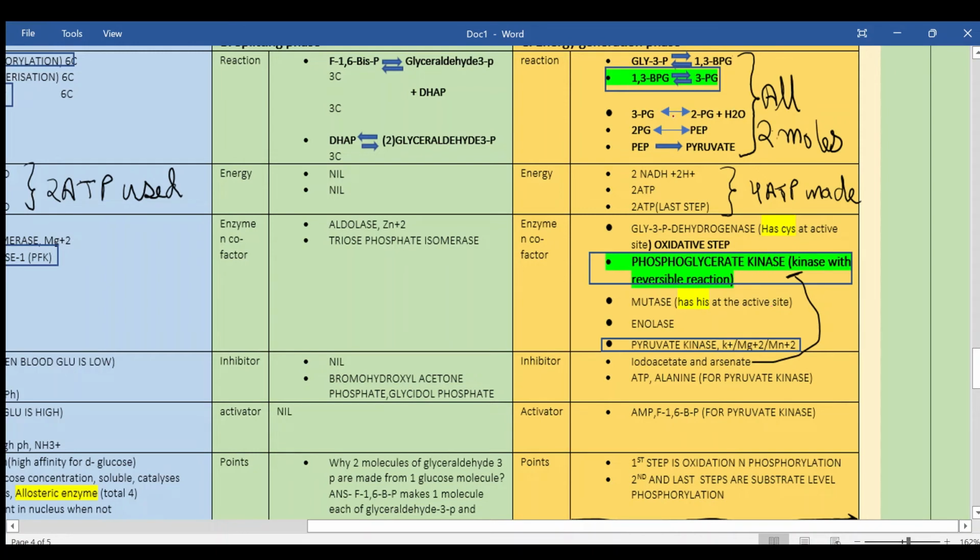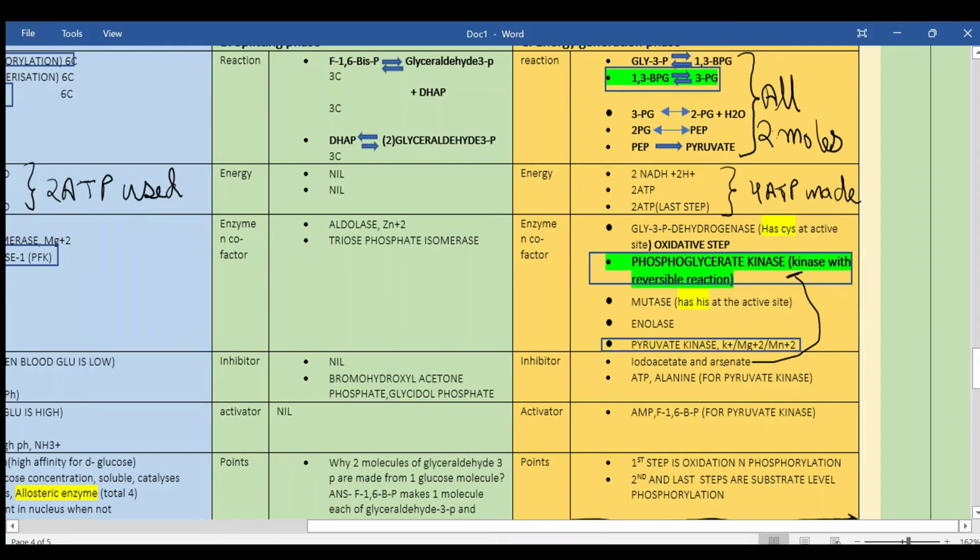The fourth step is catalyzed by the enzyme enolase, and the final step is catalyzed by pyruvate kinase, and it is having cofactors like manganese, magnesium and potassium, and inhibitors like iodoacetate and arsenate.